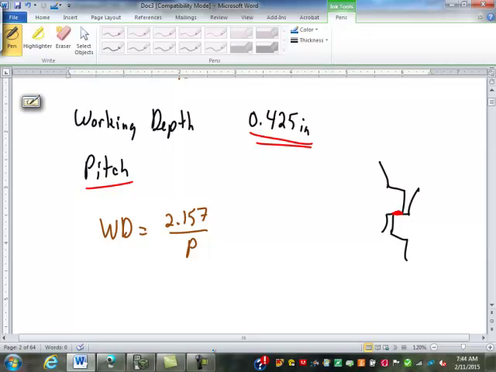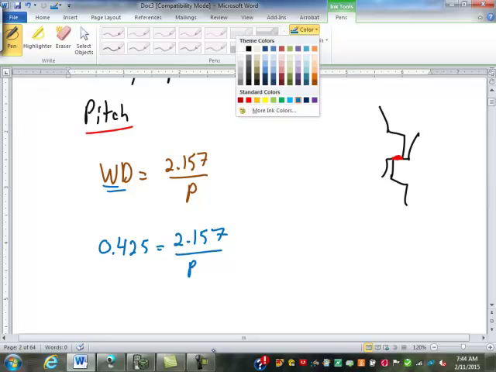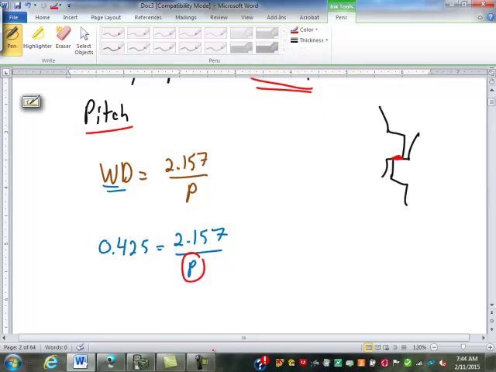So in this case, we know the working depth. So I'll put in our 0.425 for the working depth. This one's a little bit tricky because the value we're looking for is in the denominator of a fraction. We have a couple of options. We could multiply by p to get out of the denominator, but a trick that I'm going to show you is going to be used over and over again in trigonometry in a couple of weeks.